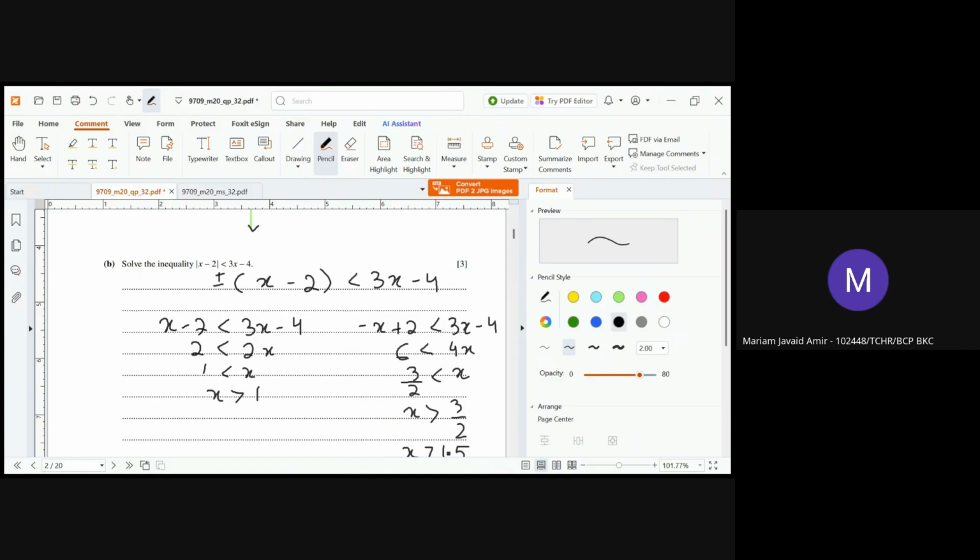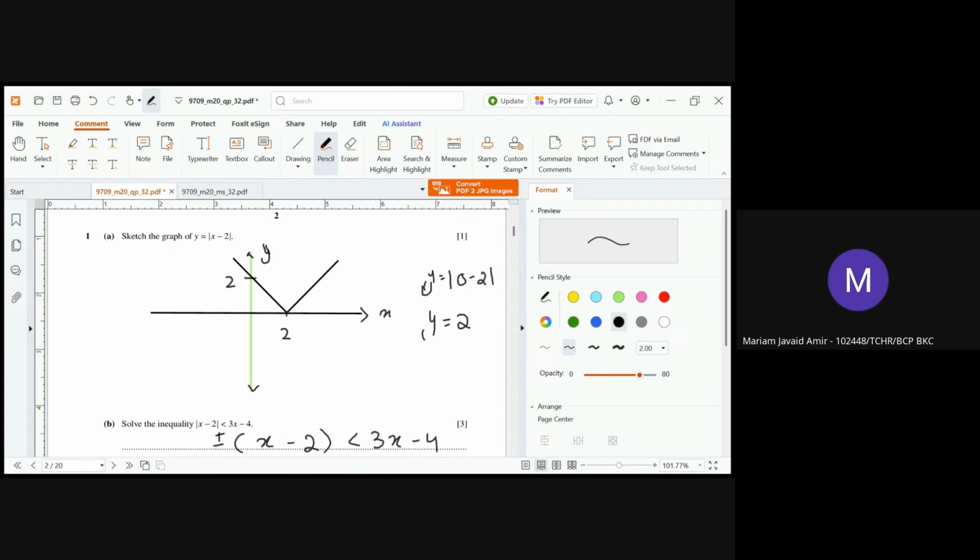The best approach is to plot this straight line on the same graph. This is a straight line, y equals 3x minus 4. We're going to make a dotted line here on the solution space for part A. This means the y-intercept is negative 4. So that means this would be negative 2 and roughly this would be negative 4. So y-intercept is negative 4 and then the gradient is positive, so it's going to be a rising line upwards.